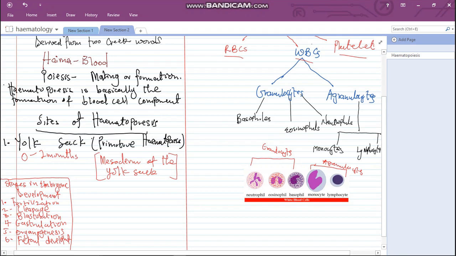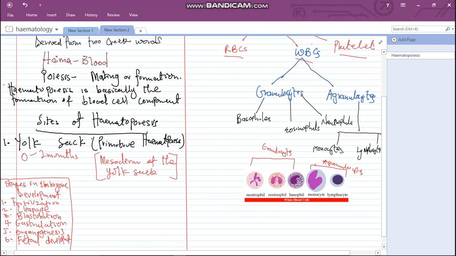So we are shifting a little bit to embryology. In future videos we'll talk in more detail about it, but we want to know how this mesoderm is formed, and how this mesoderm of the yolk sac becomes the site where hematopoiesis occurs.